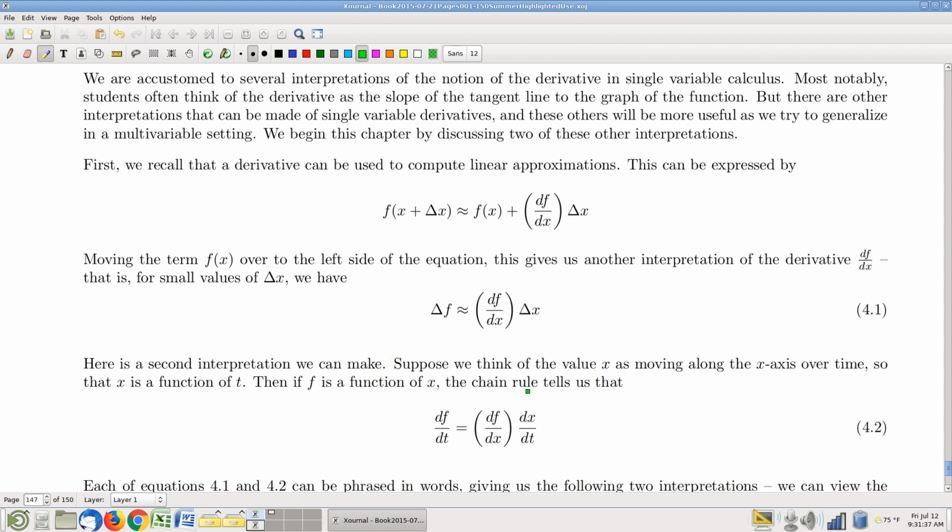Here are a couple of relevant points of view. You all remember linear approximations as one of the applications, and a rewrite of this linear approximation formula. If you look at that difference as delta f, then you can say this: when you're looking at a single variable function, the derivative is the thing that you multiply by a change in the input to get your linear approximation of the change in the output, right?